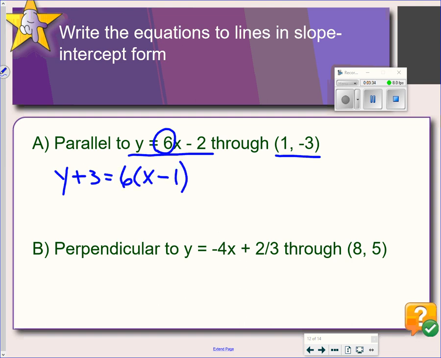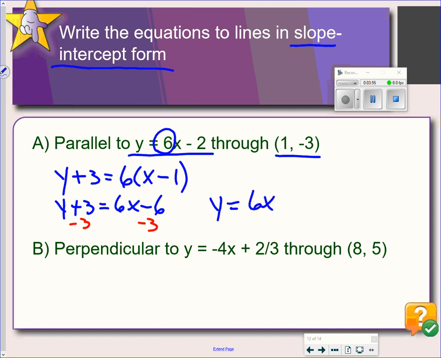Then the instructions say to put it in slope-intercept form, so that means we have to solve it for y. We will distribute the 6, which gives us 6x minus 6, and then subtract 3 on each side, and we end up with y equals 6x minus 9.